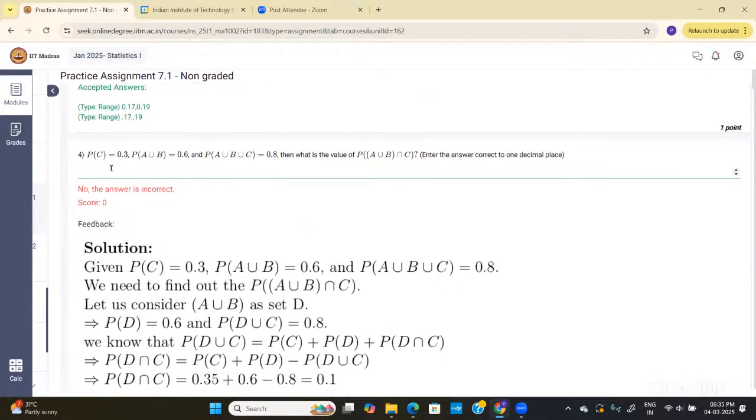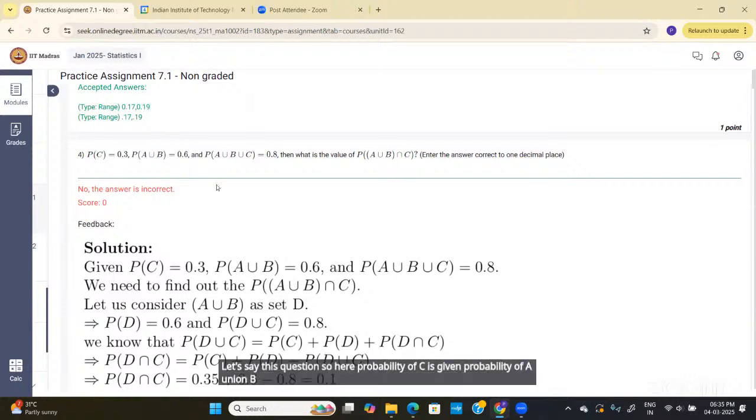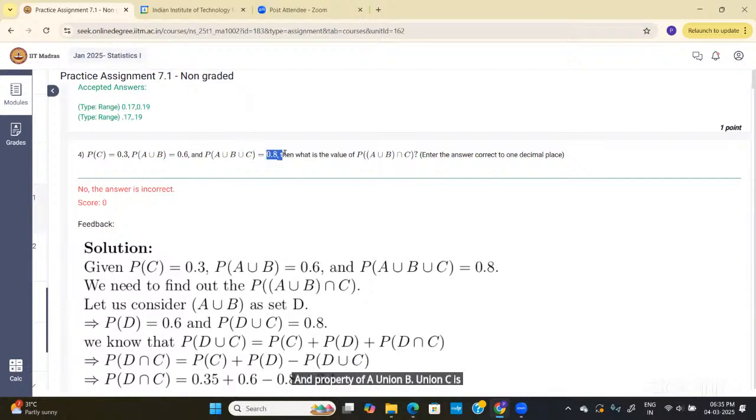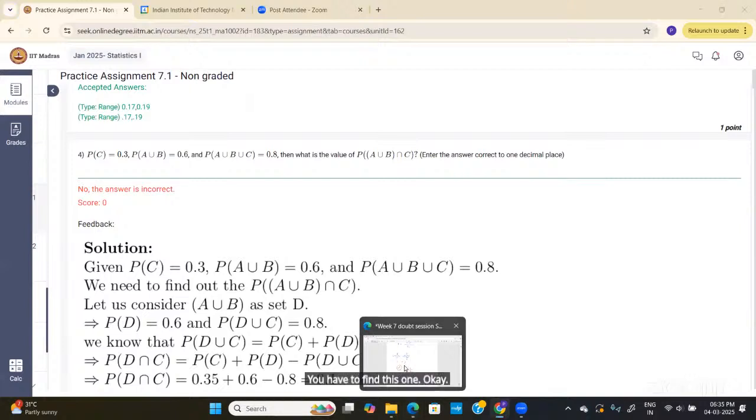Now, let's take this question. So, here probability of C is given. Probability of A union B is 0.6. And probability of A union B union C is given as 0.8. You have to find this one. So probability of C is 0.3.